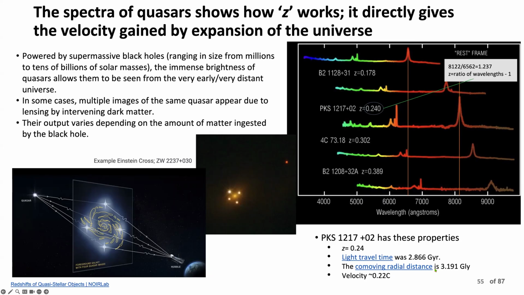The distance to that object now, if you could see both us and that object at the same time, you'd find it's just over 3 billion light years from us. And it's moving away from us at about 25% the speed of light. So this is what we derive from the Z value. And I'll show you examples as we go along of how Z works.